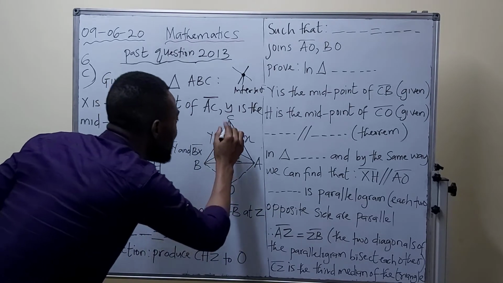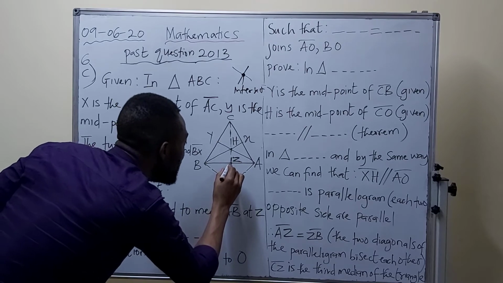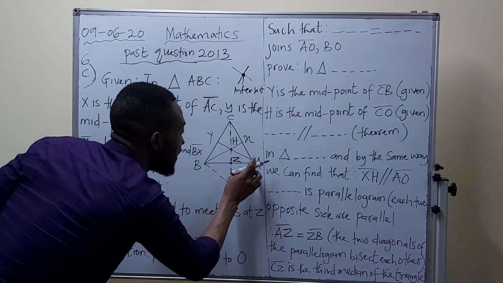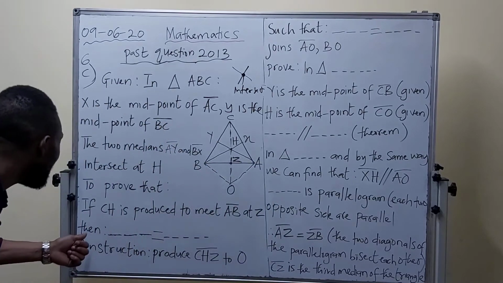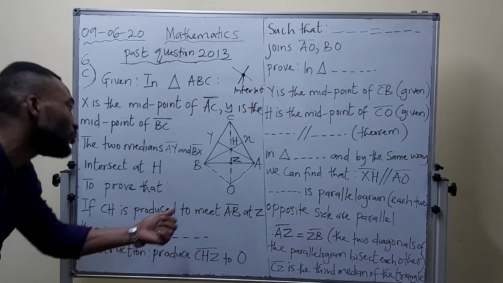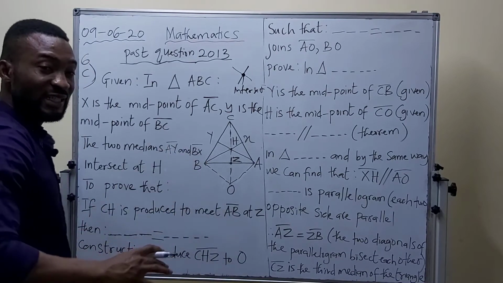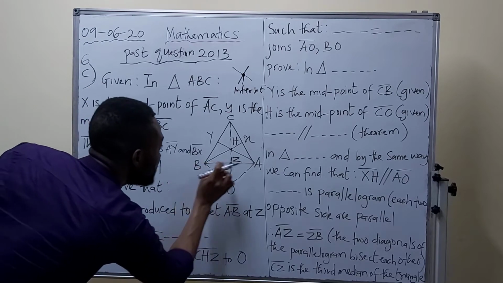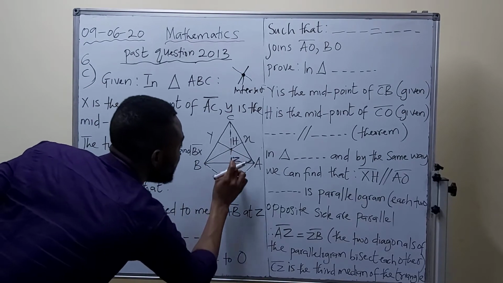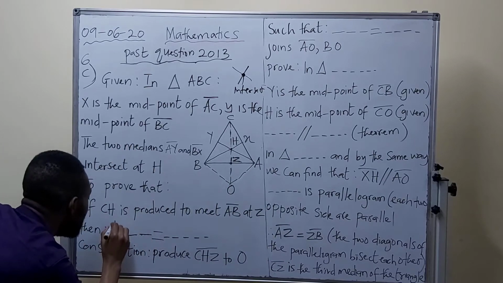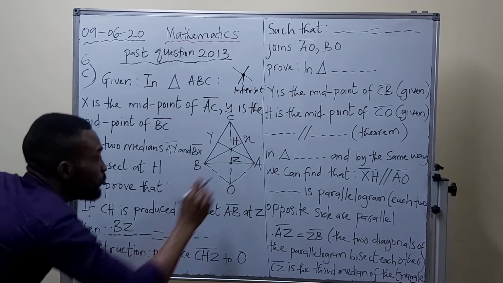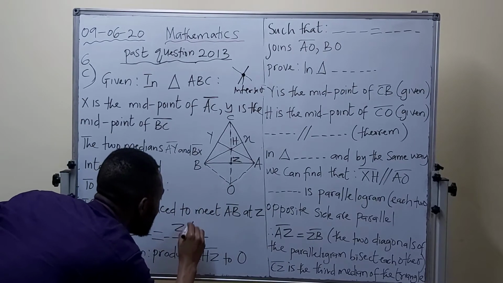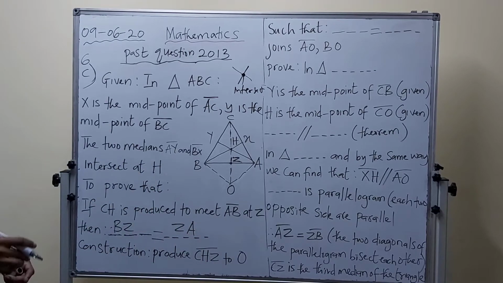So definitely, once this meets at the midpoint of A and B, we then have dash equal to dash. What is that dash equal to dash? BZ will equal to ZA. You have solved that one.